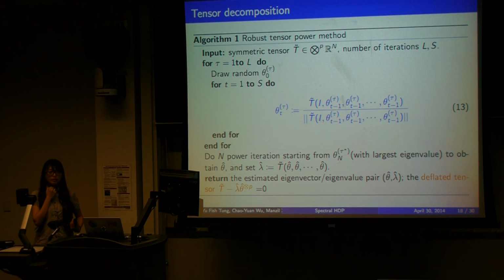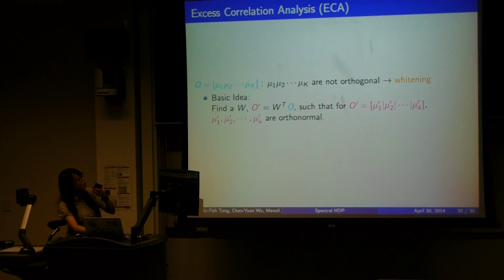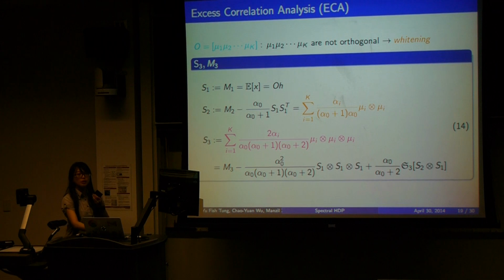In your decomposition, the things that you're calling the eigenvectors of your tensor, you're also assuming they're orthogonal. Are you able to numerically construct orthogonal vectors, or it doesn't matter for you? But we do whitening here. Yes, we do whitening, so it doesn't affect it in this case.